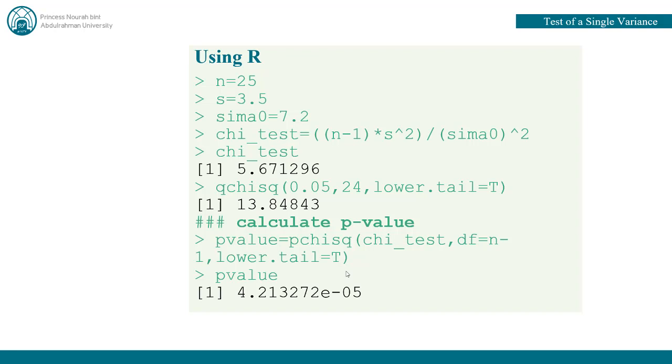Then we calculate the p value. After getting the chi-square value from this code, we find the p value using the chi-square function. As you see, it has the chi test statistic, then degrees of freedom, which is n minus 1, and we also specify lower tail, and it gives us the p value and we can interpret it after that.